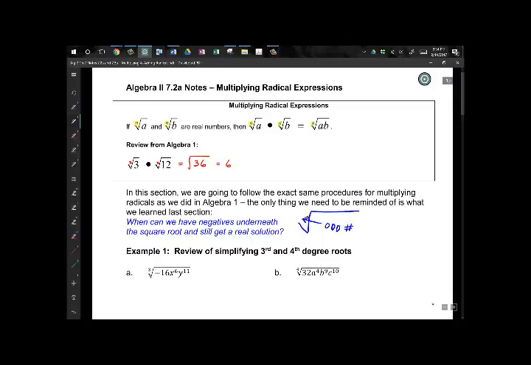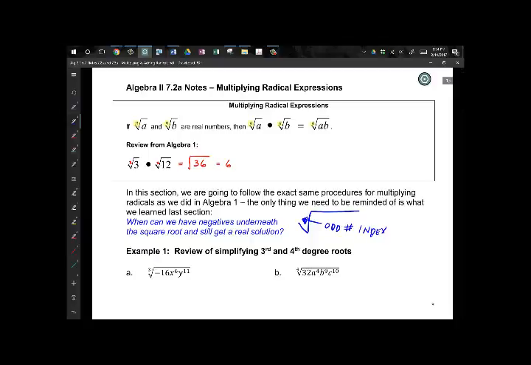If that was a cube root or a fifth root or a seventh root, it has to be an odd number, because an odd index is what allows you to multiply numbers together to get a negative number on the inside. So just a reminder: if you have an even number up there in this spot and you have a negative number inside, then there is no real solution.